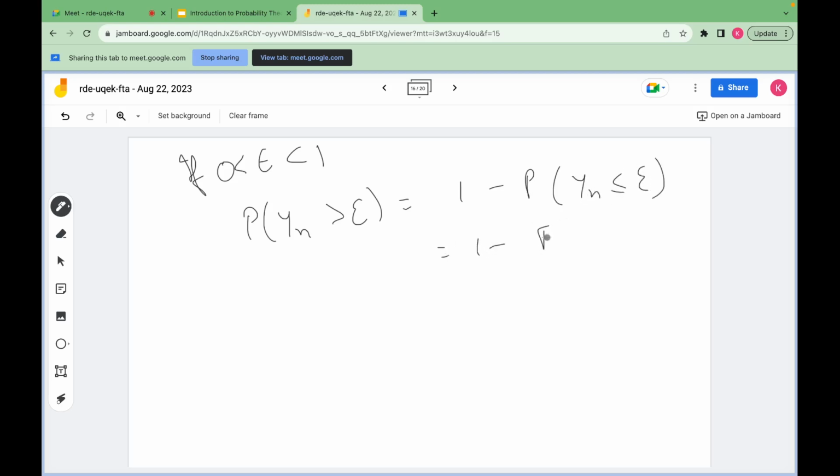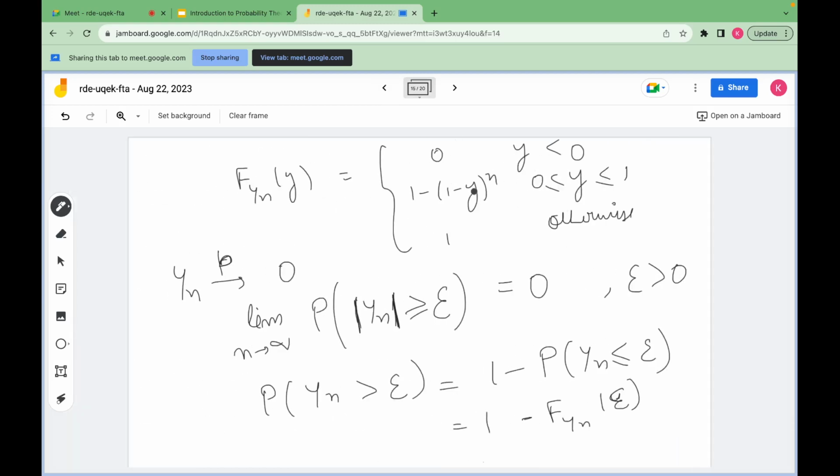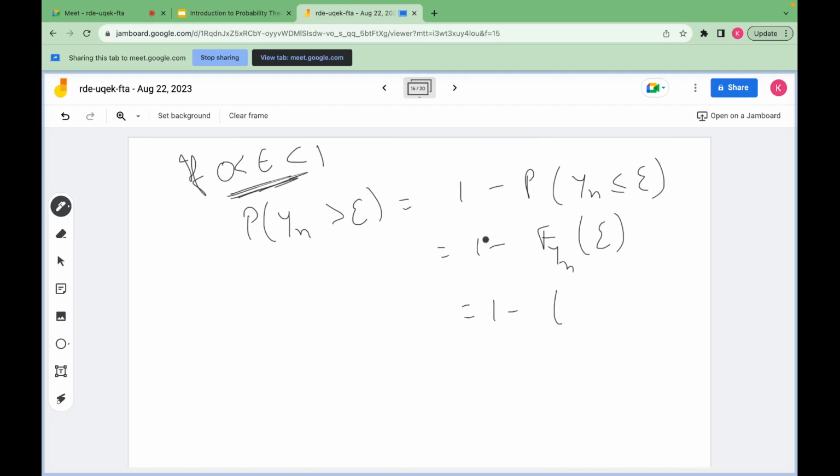This is nothing but the cumulative distribution function at epsilon, when epsilon is between 0 and 1. So if y is 0 to 1, this is 1 minus (1 minus y) to the power n. This will become 1 minus (1 minus (1 minus epsilon) to the power n), which is 1 minus 1 plus (1 minus epsilon) to the power n. This is (1 minus epsilon) to the power n.